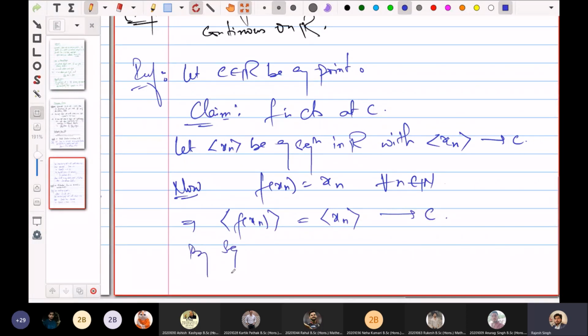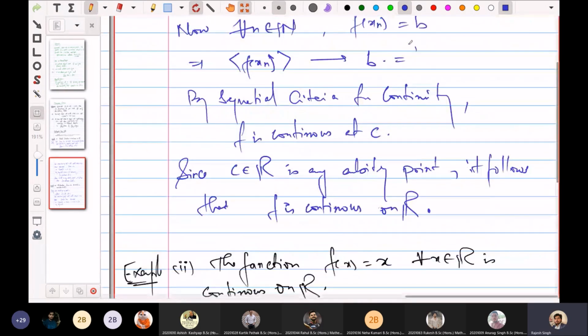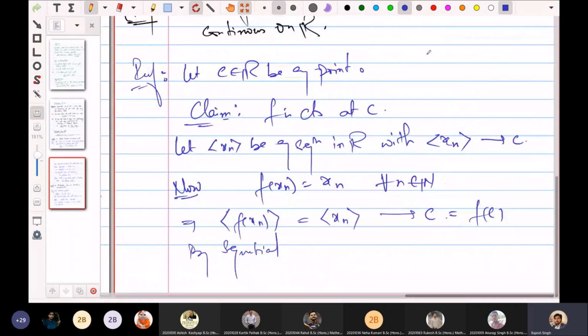This is equal to f of c. This is important, we forgot to write this earlier also. We have to show that f of xn converges to f of c, so writing this is important.